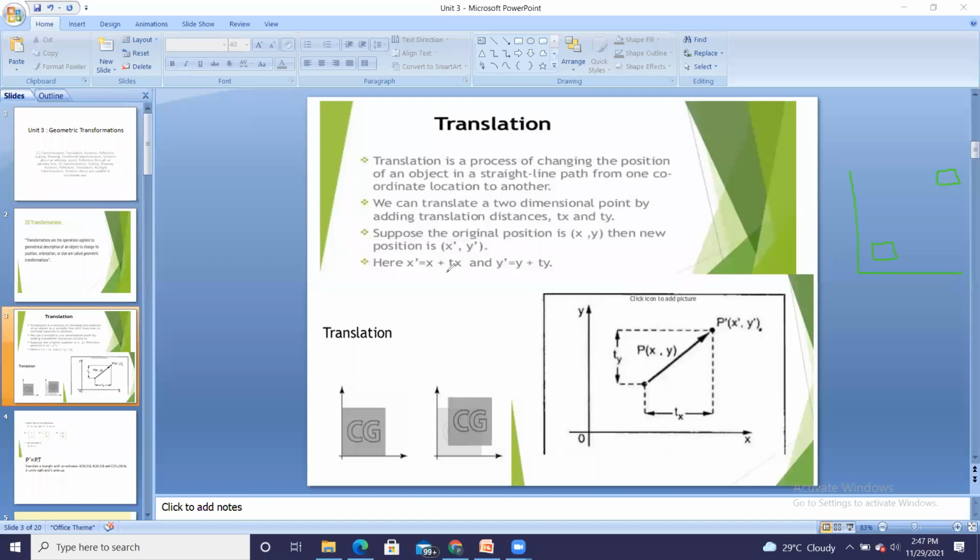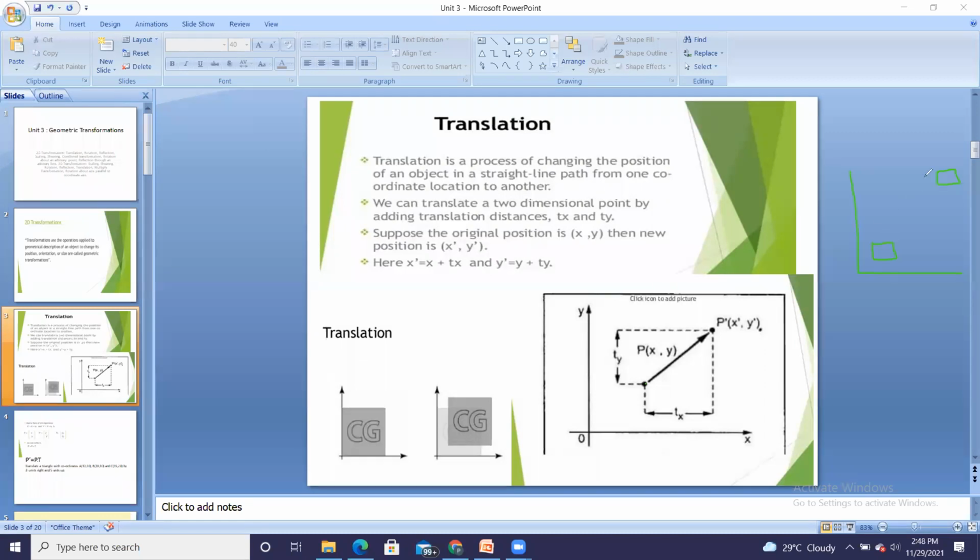So simply you have to add the x translation factor to the x coordinate, and the y translation factor to the y coordinate of every pixel of this rectangle. Suppose this rectangle has, let's say, 50 pixels around its boundary. In every one of those 50 pixels, we have to add tx and ty.